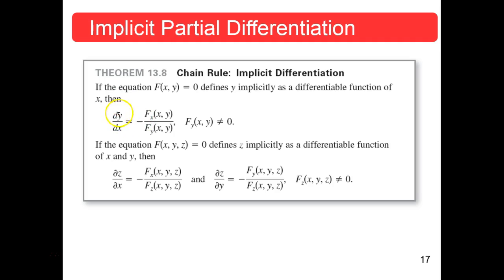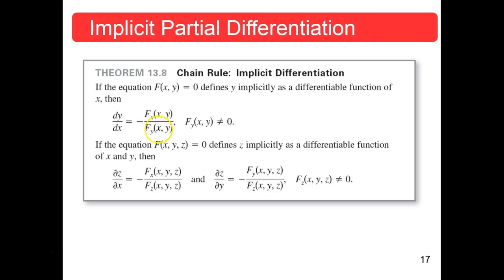Notice in the top one here, with all these conditions met, dy/dx has the partial with respect to y in the denominator, partial with respect to x in the numerator. So that's one way to think of it. Or the other way, the derivative of y with respect to x, the numerator is a partial of F with respect to x.